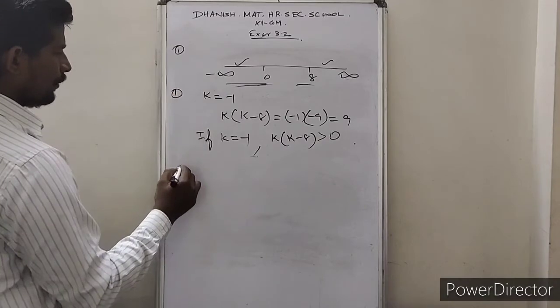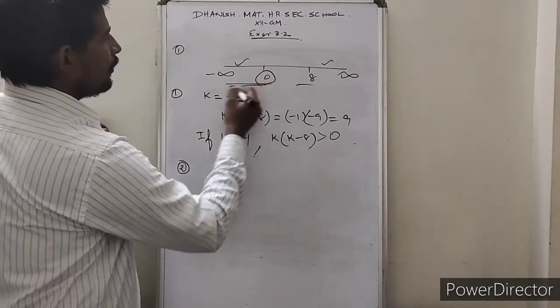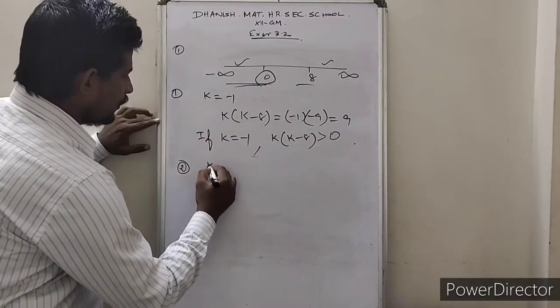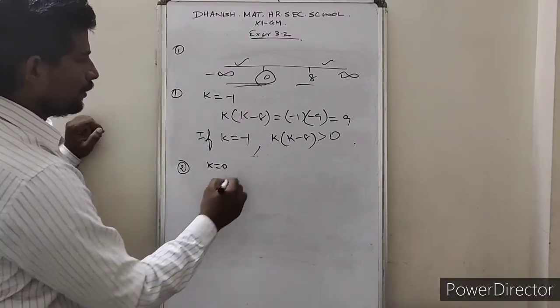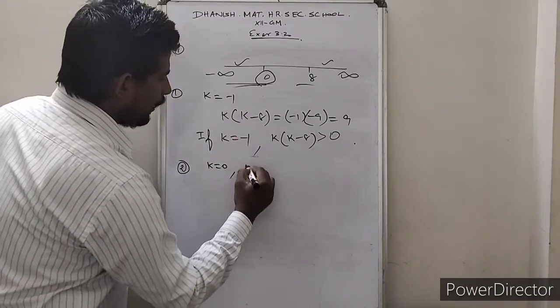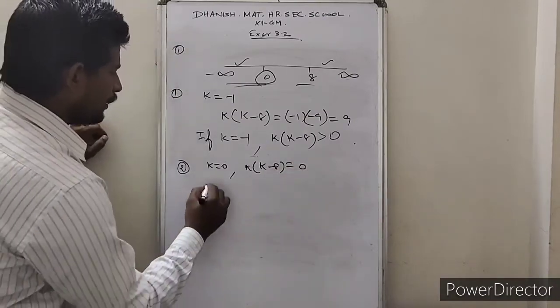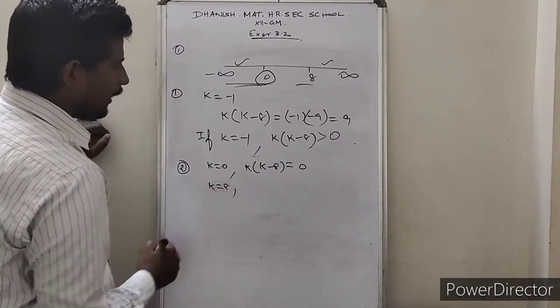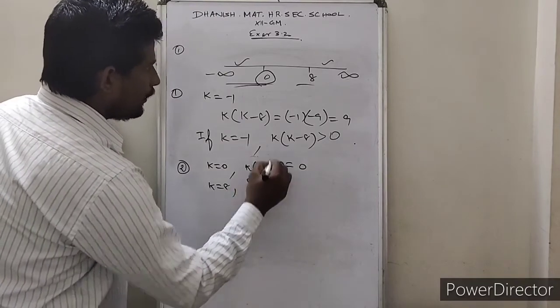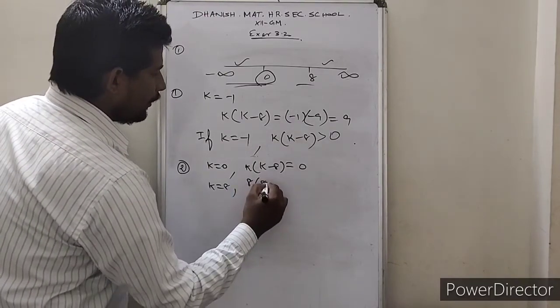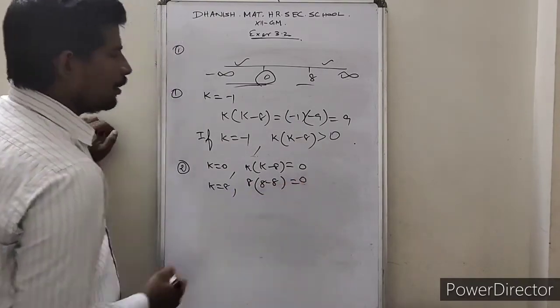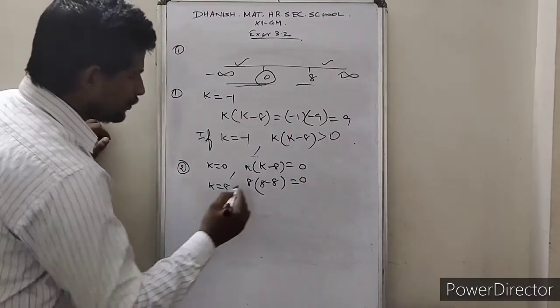Then now I'm going to take k as 0. K equal to 0. What will happen? k into k minus 8 equal to 0. Now I'm going to take k as 8. 8 into 8 minus 8. So this will become 0.